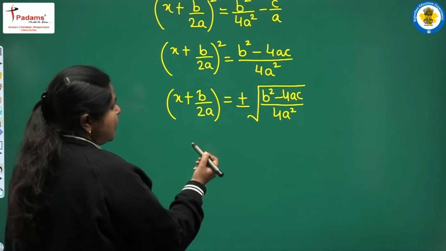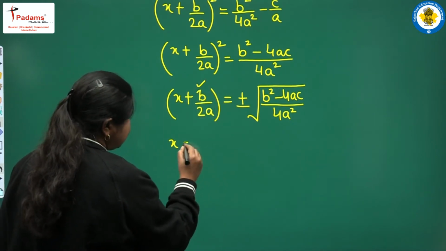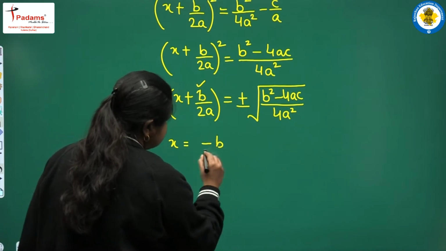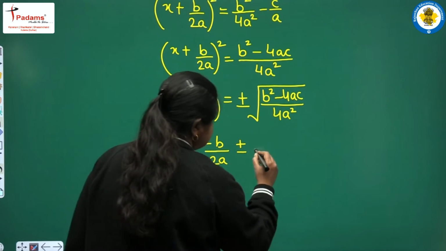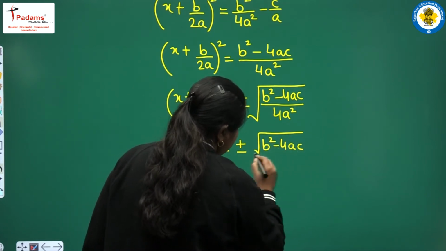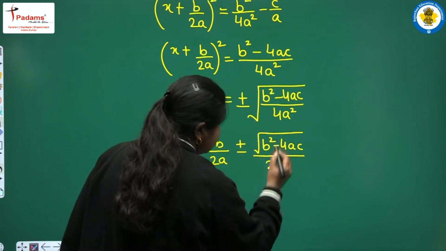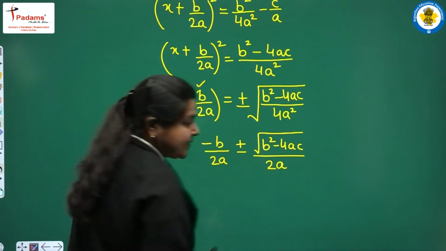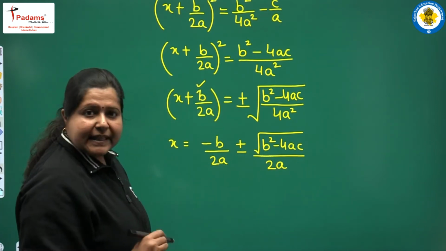Next, now we will take this constant term to the RHS. Here we will get minus b upon 2a plus minus the square root of b square minus 4ac, and in the denominator, if we take the square root, the square root of 4 is 2 and the square root of a square will be simply a. Now we have 2a in both these terms in the denominator.